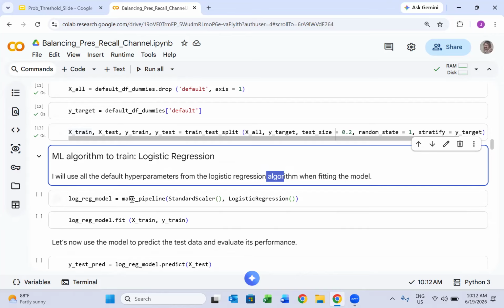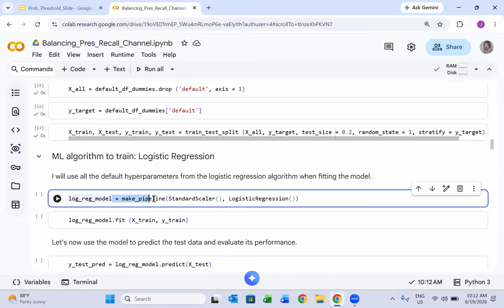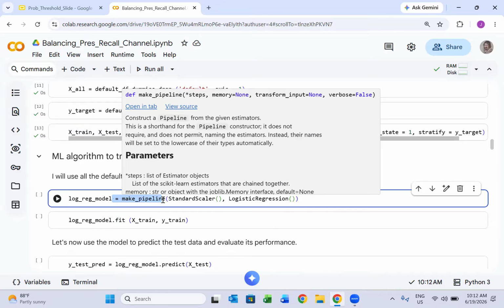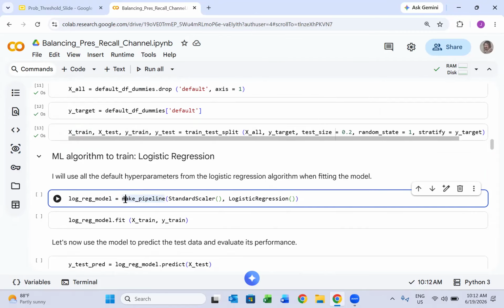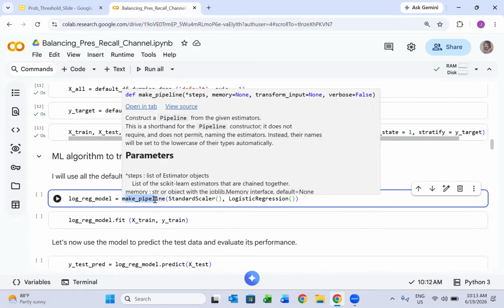Here, what I'm doing, guys, is I am actually defining the model with that code cell. And notice that I define the model by using the make_pipeline function. Why am I using this function to define the model? Because that function allows me to specify that I want to standardize the features before applying logistic regression. That's a requirement.